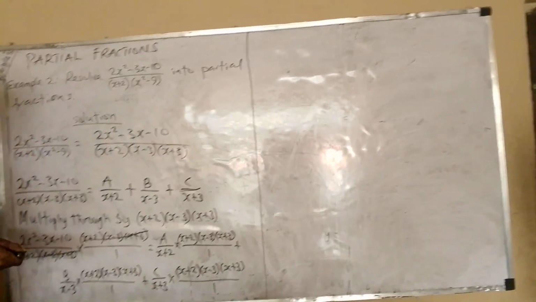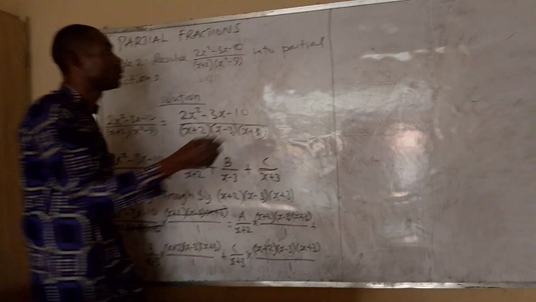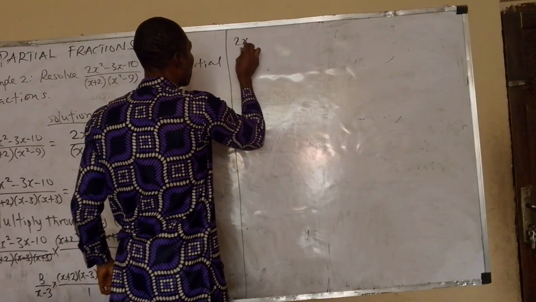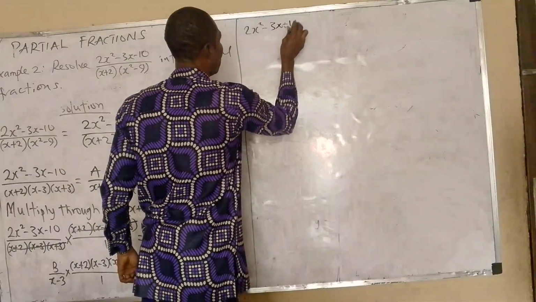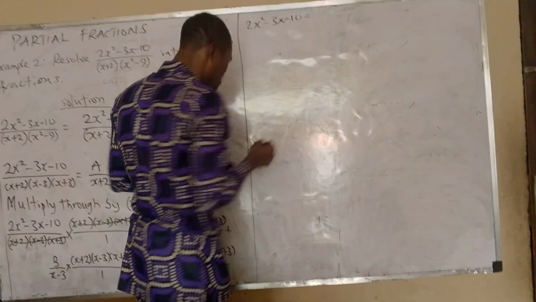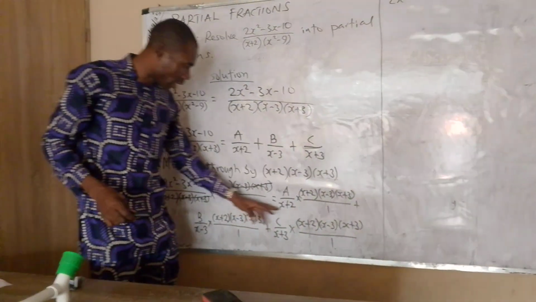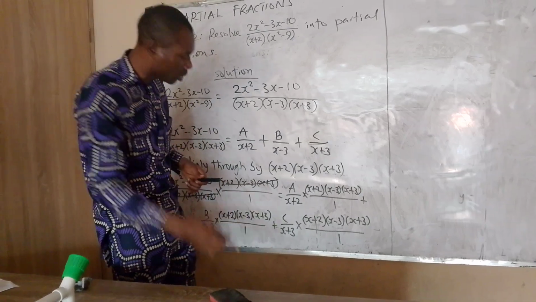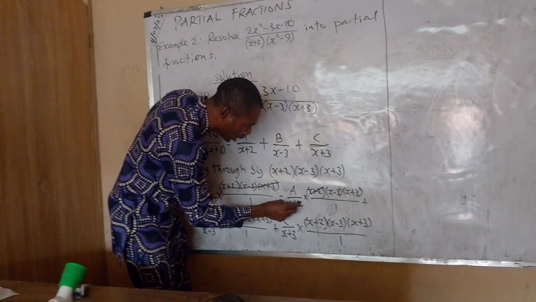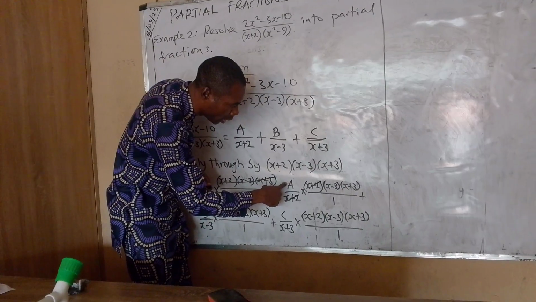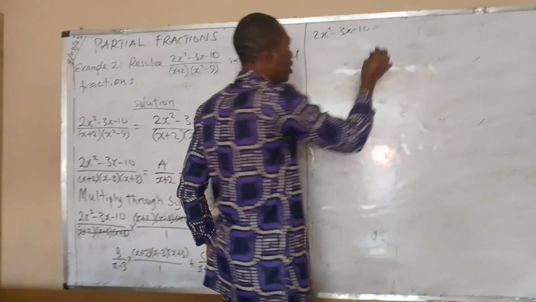I'm going to have left here 2x squared minus 3x minus 10 equals, I have cleared off the denominator here. Then this one now, if you watch, you'll find out that these two are the same. So this will eliminate this, leaving only A times x minus 3, x plus 3. So we write that out.